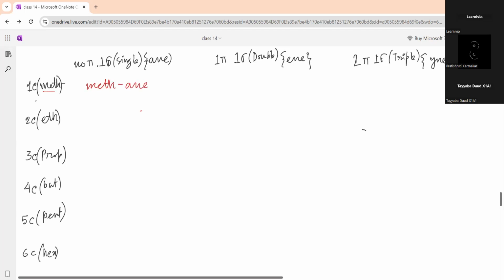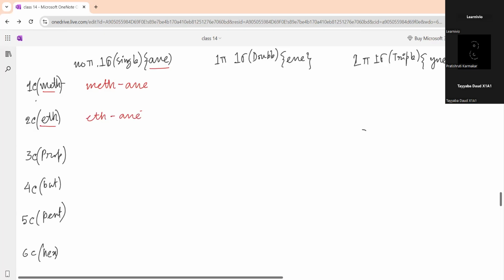Meth from here, ane from here. Now, if we have 2 carbons and only single bonds, what will we call it? Ethane. Eth, ane. Then propane.